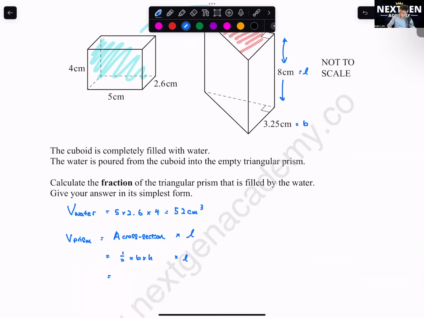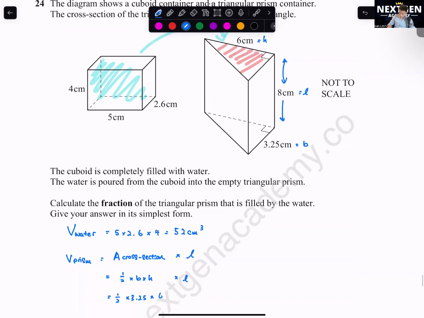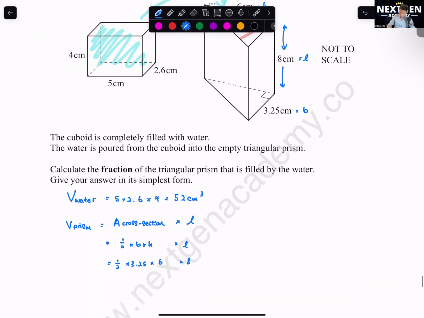So half times 3.25 times height, which is 6. This is based on a triangle. Then multiply by the length times 8. So 1 over 2 times 3.25 times 6 times 8, which is equals to 78 cm cube.